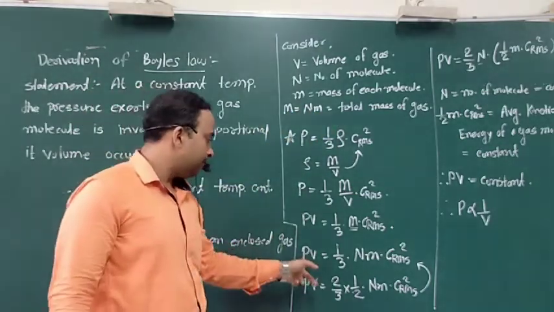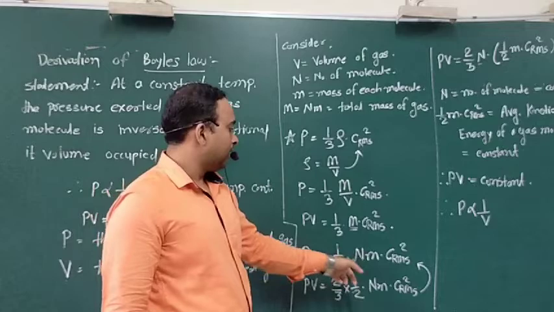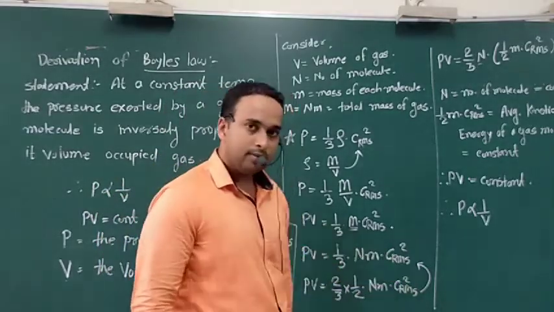So we get PV is equal to 1 by 3 into N m into C RMS square.